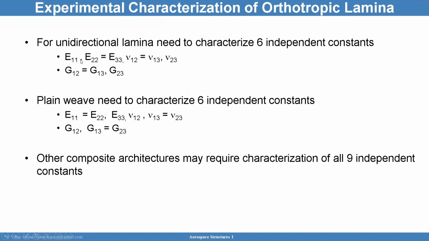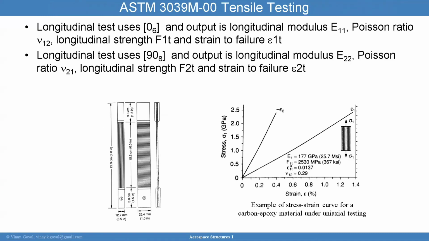E11 and E22 are in plane, E33 is out of plane, and these are your Poisson ratios. Shear modulus also needs to be characterized. For plain weave, you also have to characterize 6 independent constants, and plain weave and unidirectional are going to look different when you see what is equal to what. Other composite architectures may require characterization of all 9 independent constants.